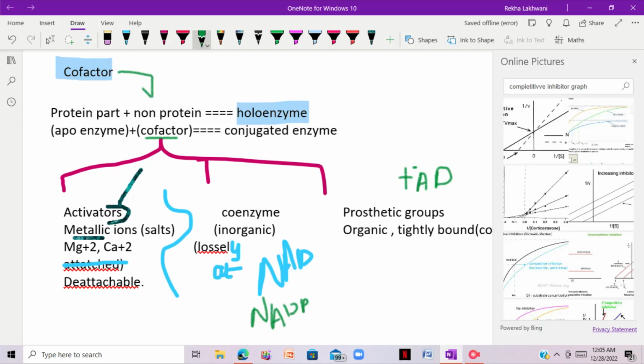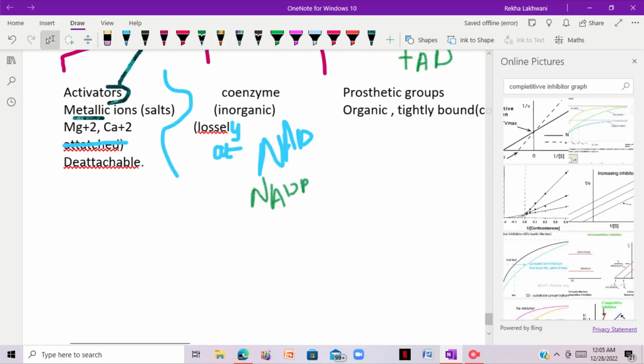We have an enzyme known as pepsinogen, which is the protein part basically, and it is activated by HCl. HCl is inorganic.